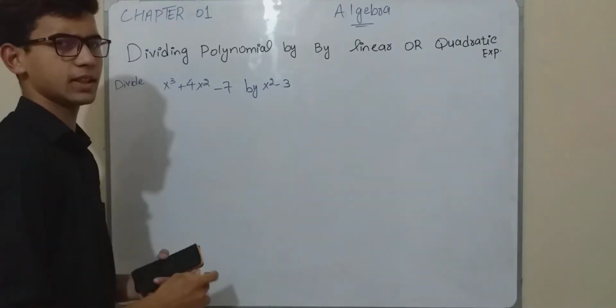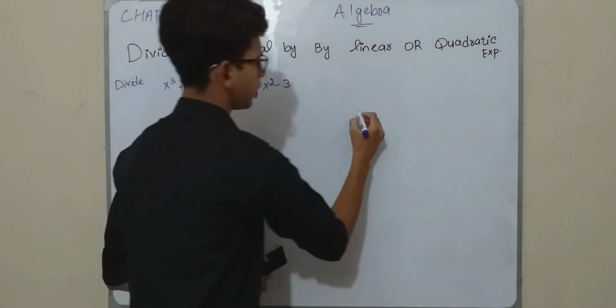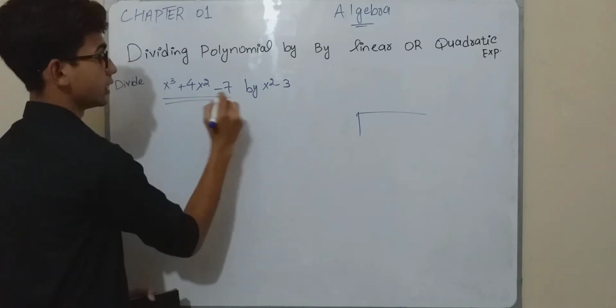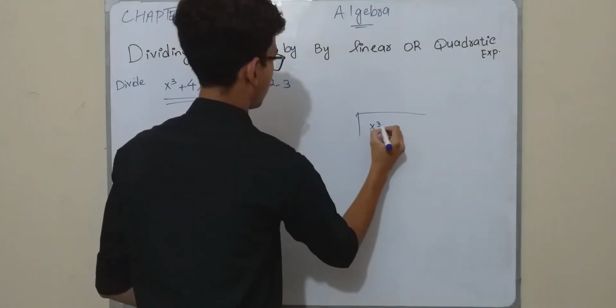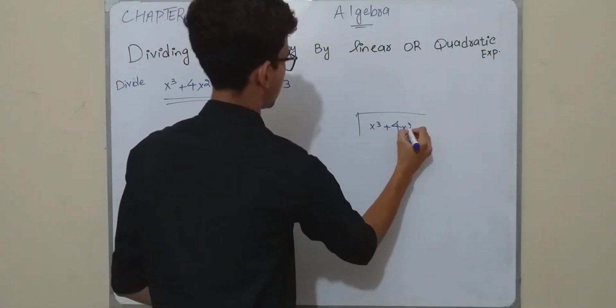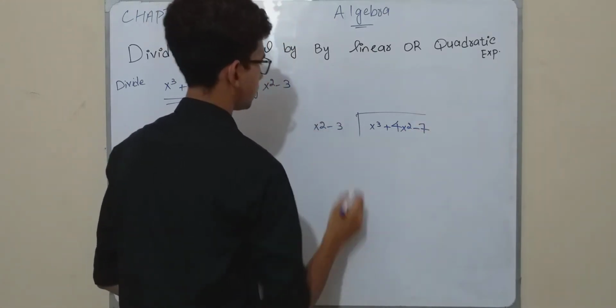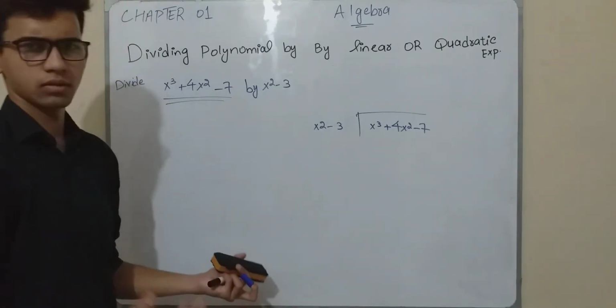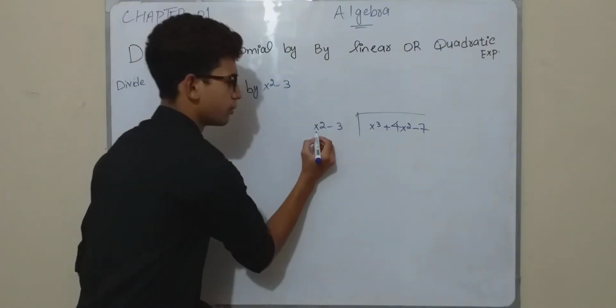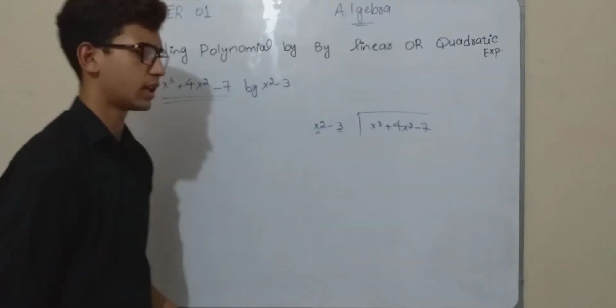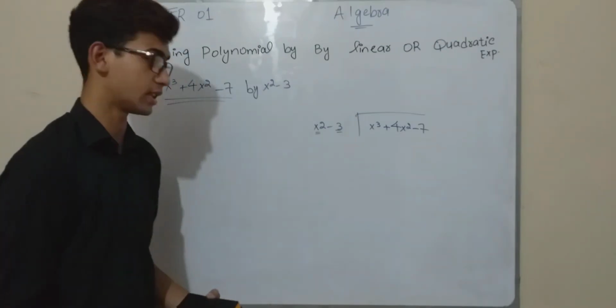So repeating the same process, I'm going to put this polynomial in this home, 4x square minus 7 x square 3. The same process. Now I'm going to multiply separately and just pointing towards the signature.